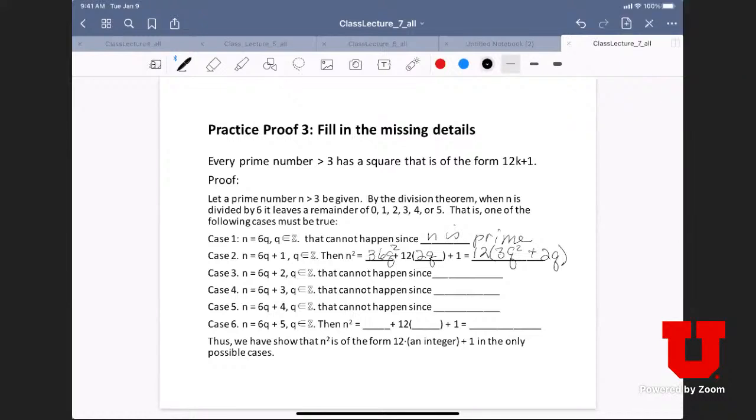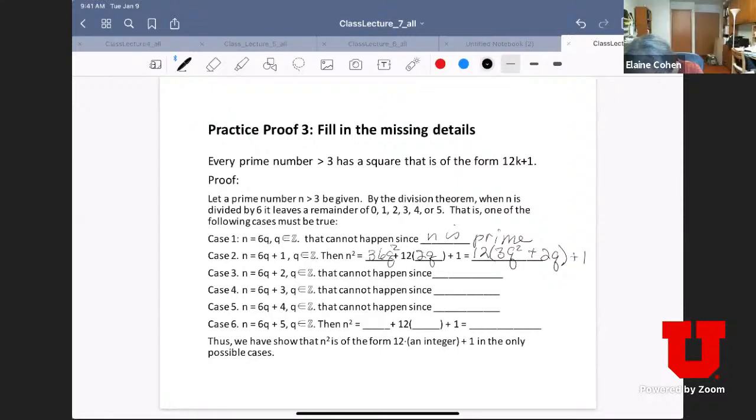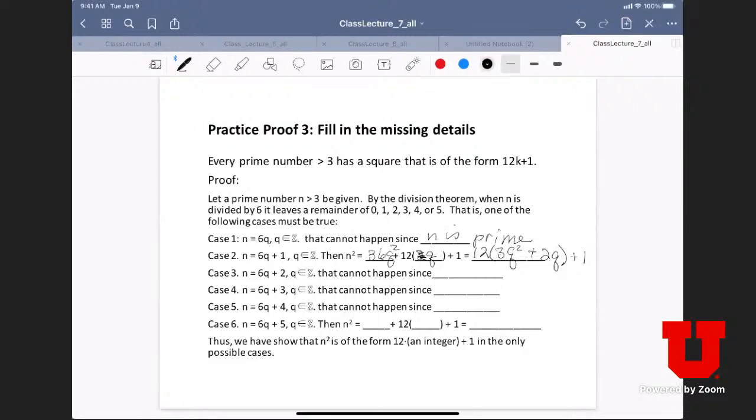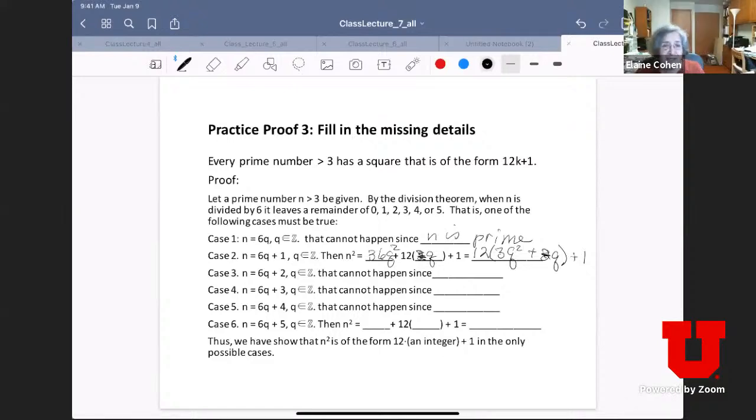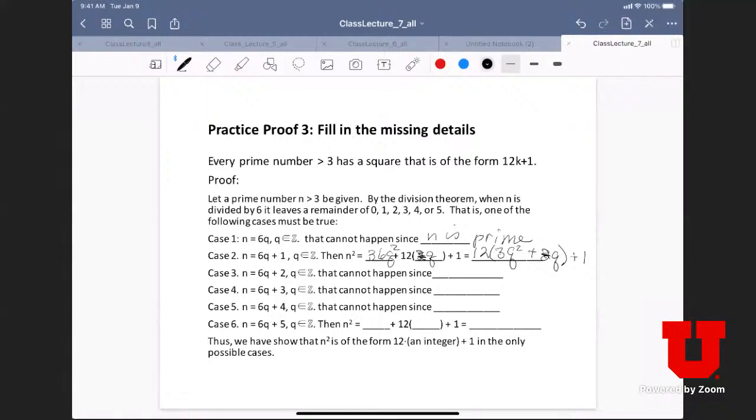Wouldn't that just be 12 times q in parentheses, not 2q? You are so right. Thank you. Okay, so what's the next statement?